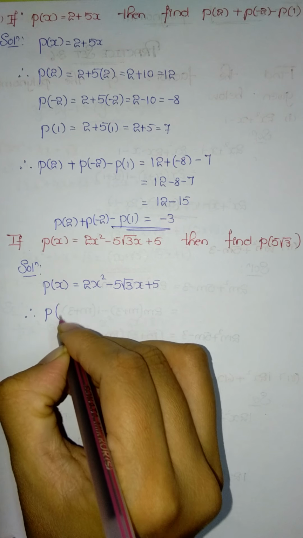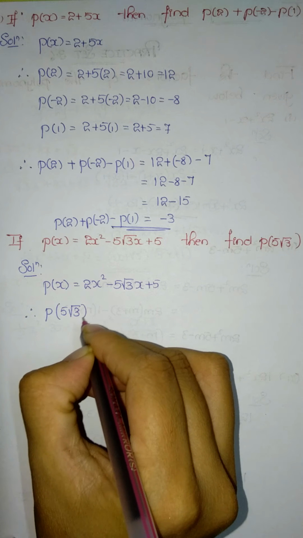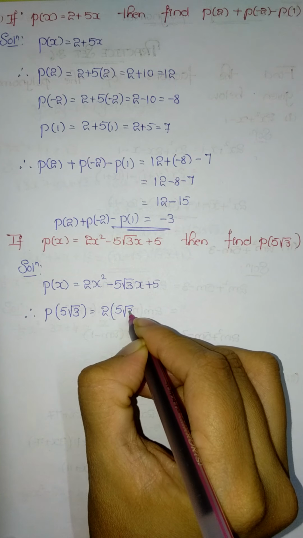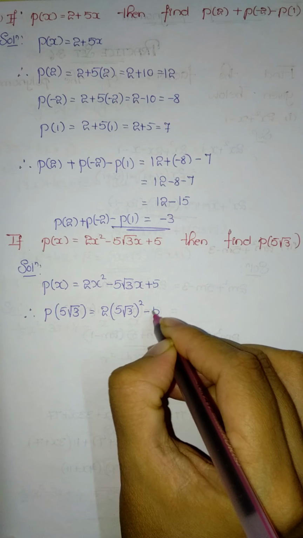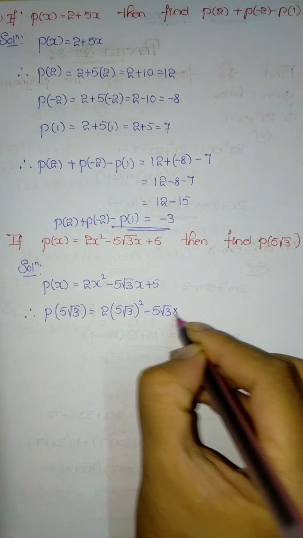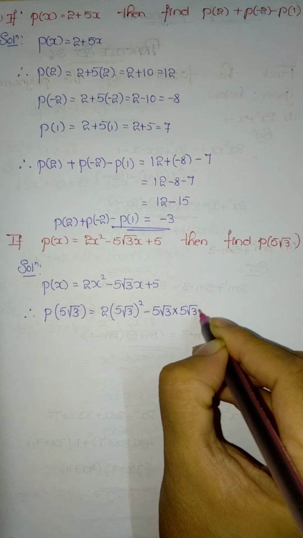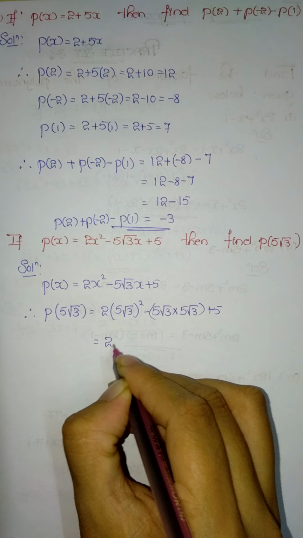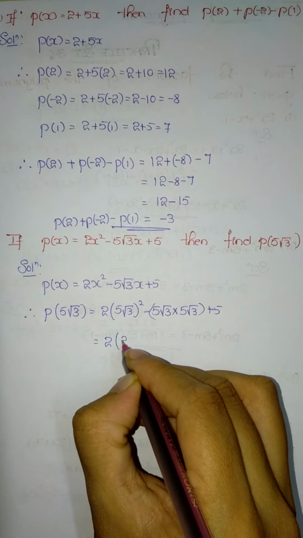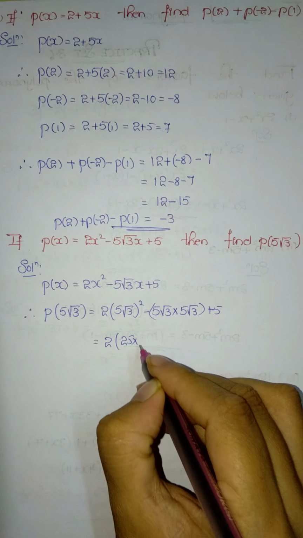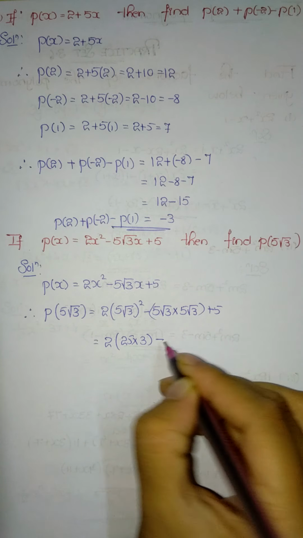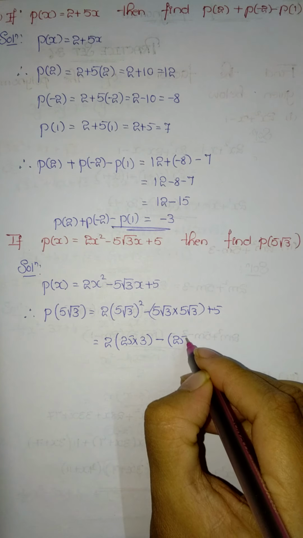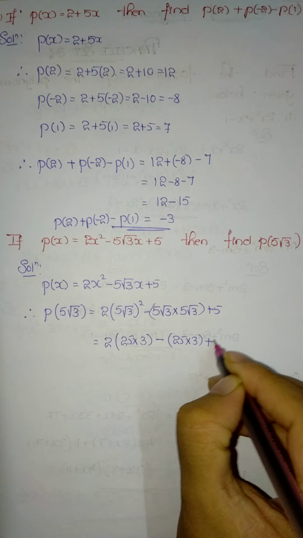So 2 into 5 root 3 whole square minus 5 root 3 into 5 root 3 plus 5. So here 2 into 5 square is 25, into root 3 square is 3 itself, minus 5 fives are 25, root 3 into root 3 becomes 3, plus 5.